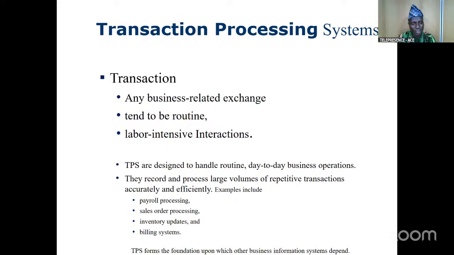Transaction processing systems, as we have said, handle any business-related exchange that tends to be routine and involves labor-intensive interaction. And I've given the example before, which I'm repeating again: payroll processing system, sales order processing, inventory update, and billing system.